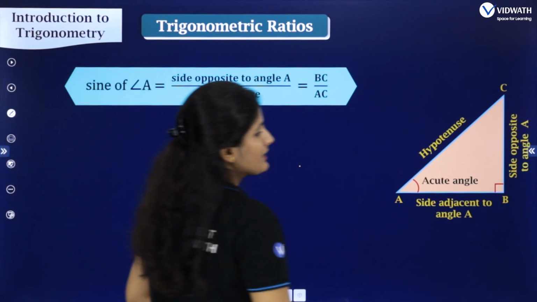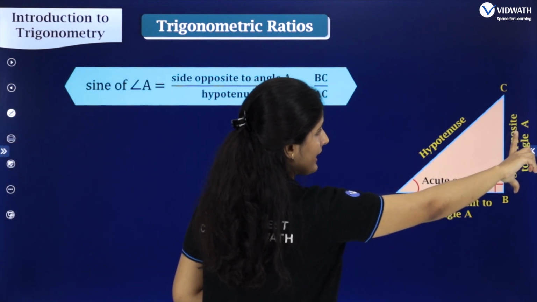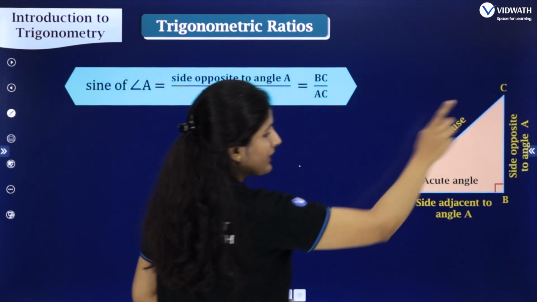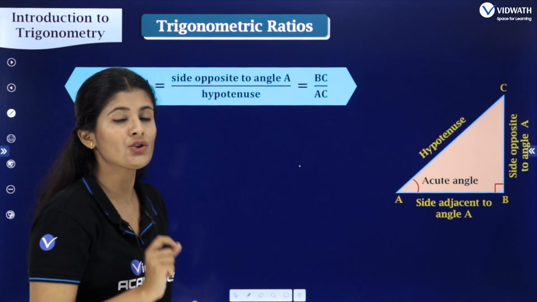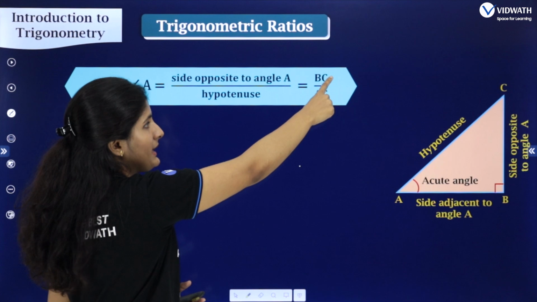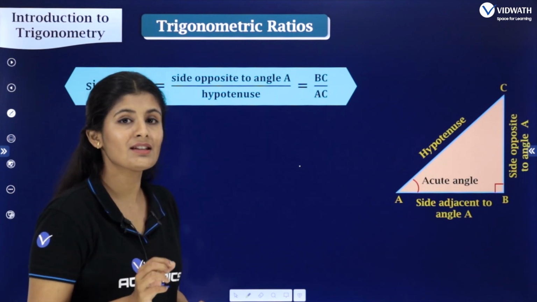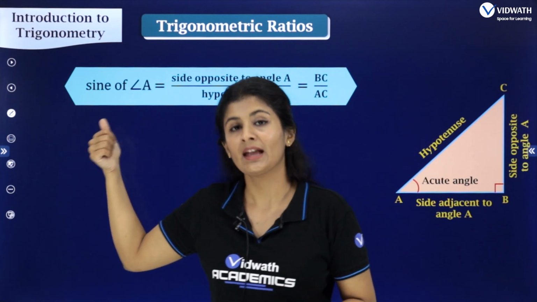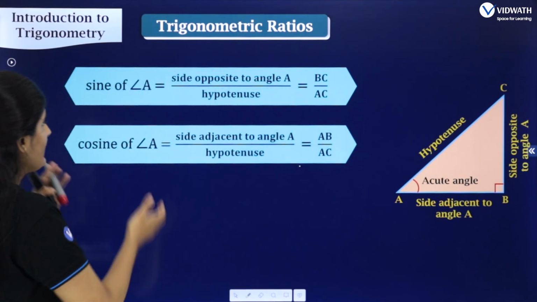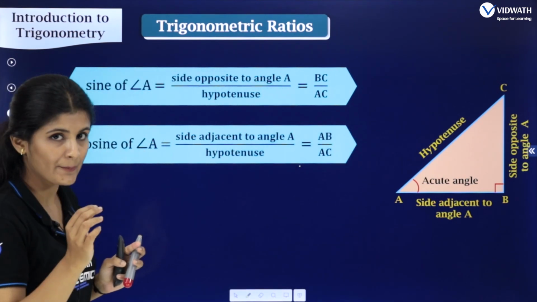That is, the side opposite to angle A in this case is BC and the hypotenuse here is AC. If I take the ratio of these two sides, that is BC by AC, then this ratio gives us the sine of angle A. Next, we can define the cosine of angle A.